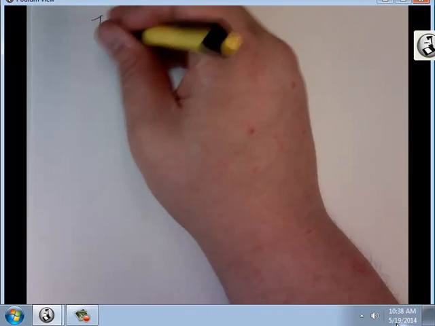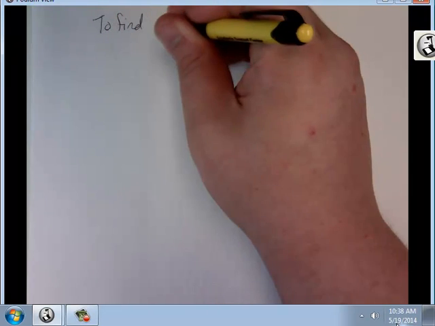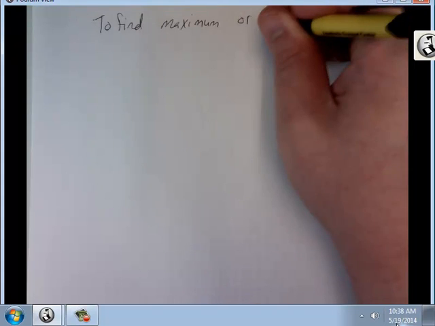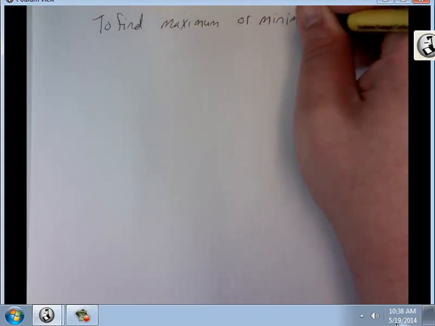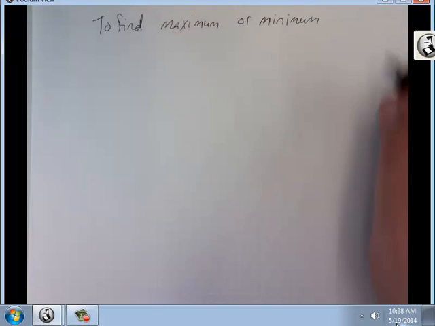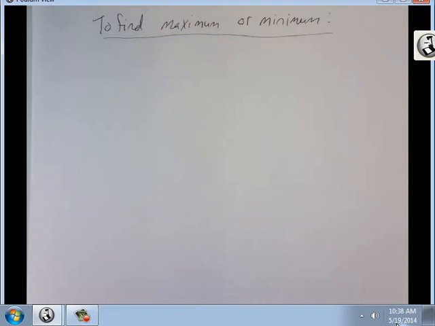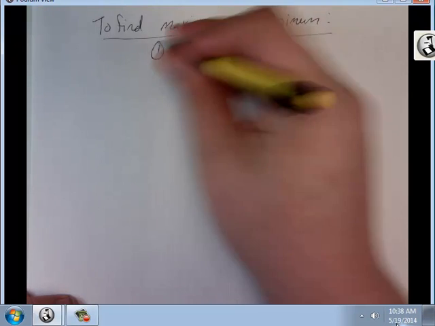To find maximum or minimum, you're only going to have one or the other. You're not going to have both on one parabola. First, determine the axis of symmetry.